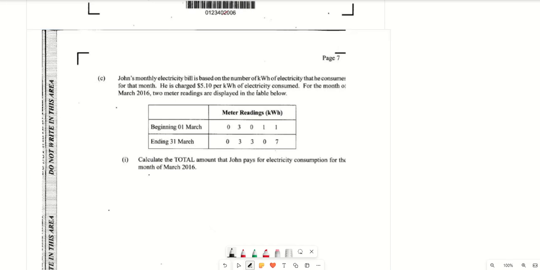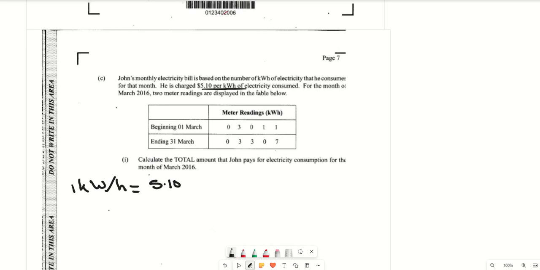So let's read this one here. 1 kilowatt per hour is equal to $5.10. For the month of March, 2 meter readings are displayed below. We have it started at 3011 and ended at 3307.